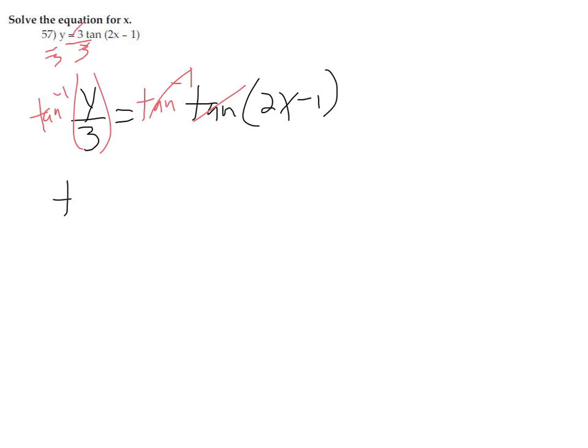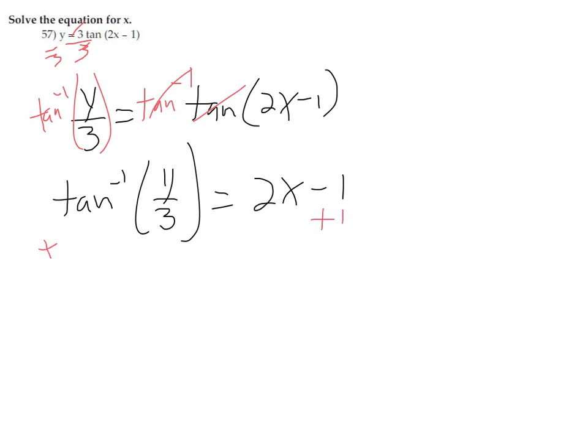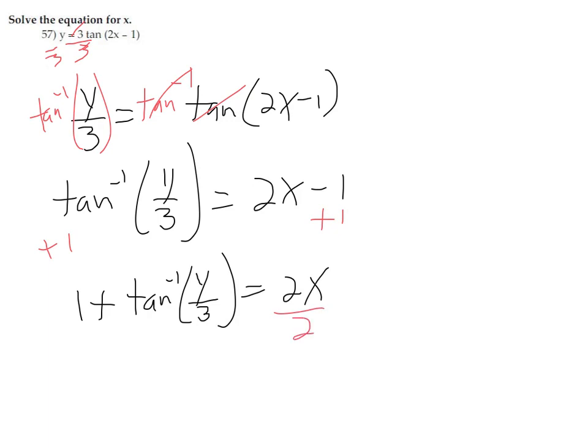And we have arctangent of y over 3 equals 2x minus 1. Let's add the 1. I think I'm going to put 1 plus, because, I don't know, it's all good. 1 plus arctangent of y over 3 equals 2x. And finally, divide by 2.